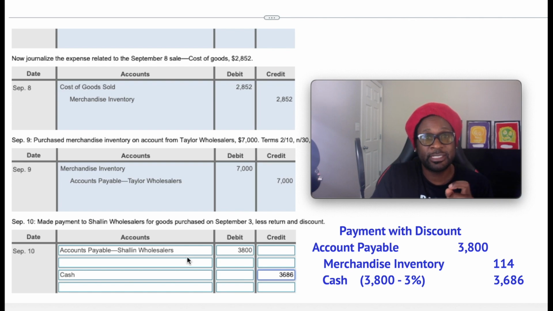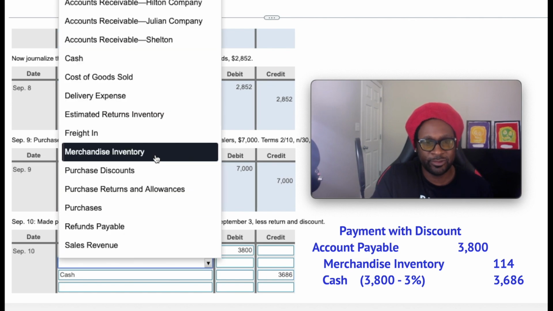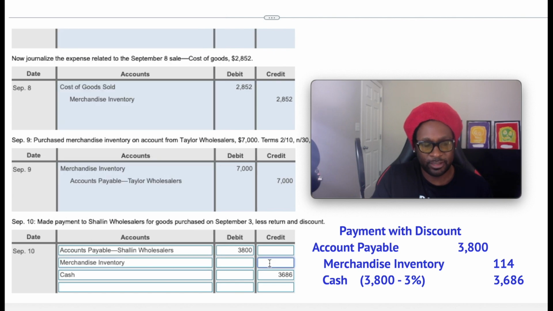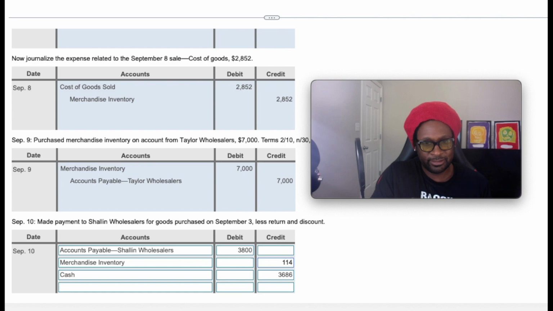Why? Because since we received the discount, we must also reduce the cost of our inventory via a credit to inventory for that discounted amount, that 3% amount. So we're going to credit merchandise inventory for the discounted amount of $114. We're going to check the answer.